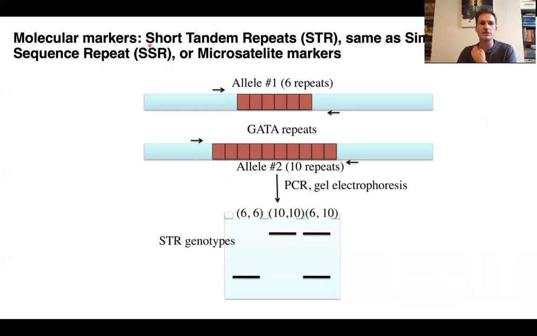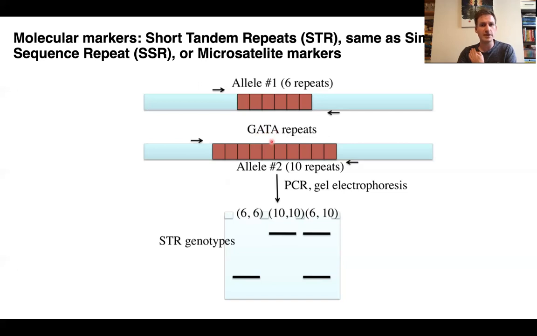or simple sequence repeats, which are very common in most organisms. So for example, here in one individual, there is a sequence of DNA. This is just an example that is GATA.